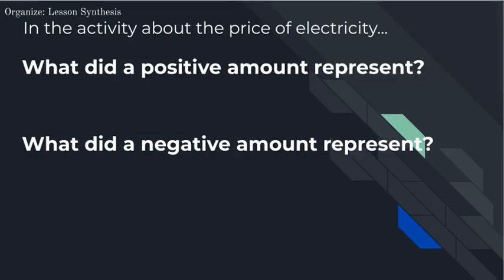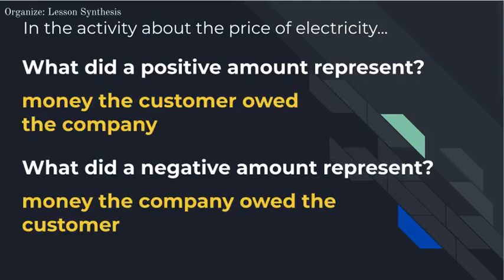What about the price of the electricity? Yeah, positives and negatives. Positive was how much the customer got back in credit, while the negative was how much they owed as far as the rates that they were charged.